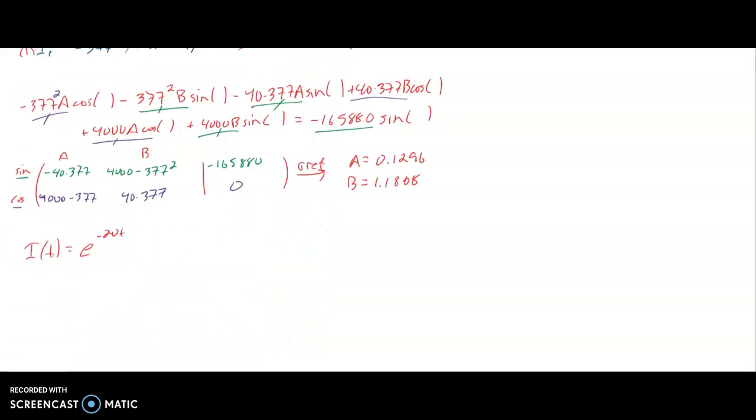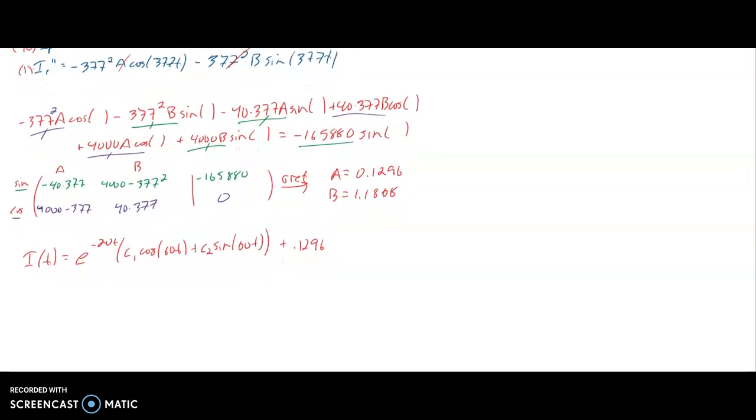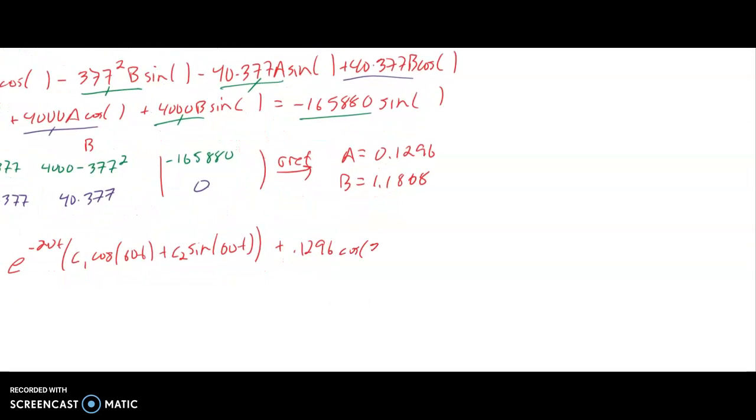So it's e to the negative 20t, open parentheses, c1 cosine of 60t plus c2 sine of 60t, close parentheses, plus, all right, A is 0.1296, and that gets attached to, A was my cosine, so cosine of 377t plus the B, which is 1.1868 sine of 377t.